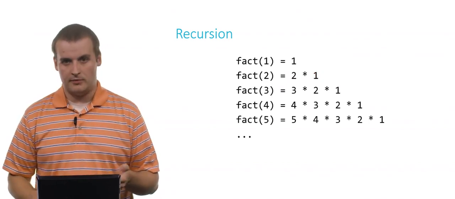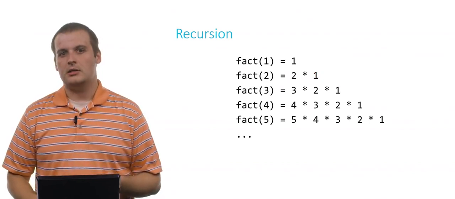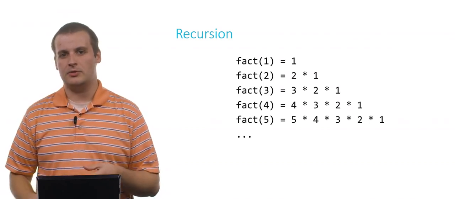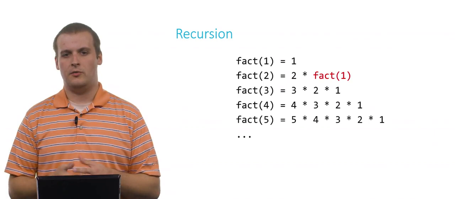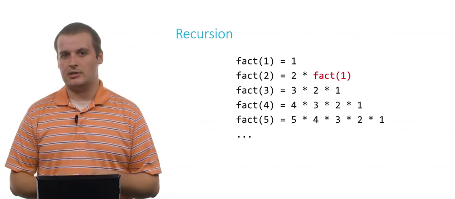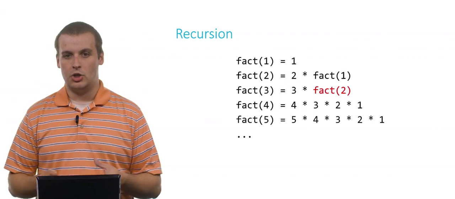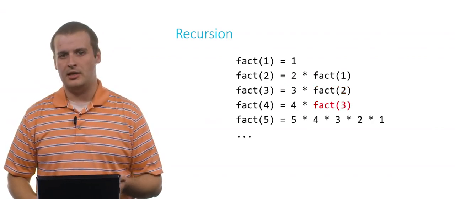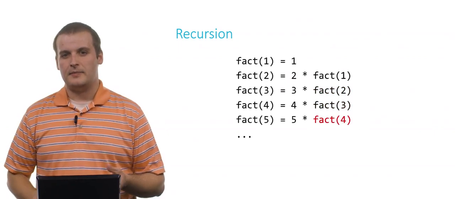I mean, the factorial of 1 is 1. So why can't we just say that since factorial of 2 is 2 times 1, it's really just 2 times the factorial of 1? And then extending that idea, isn't the factorial of 3 just 3 times the factorial of 2? And the factorial of 4 is 4 times the factorial of 3, and so on?